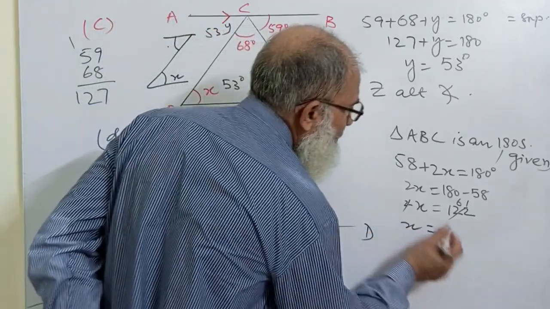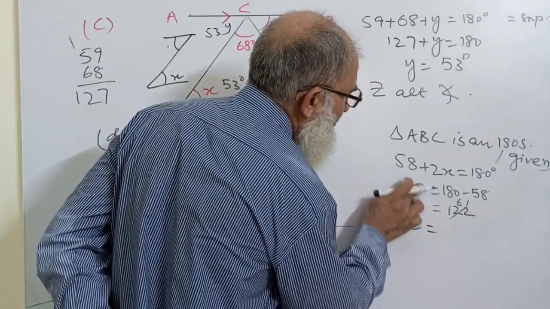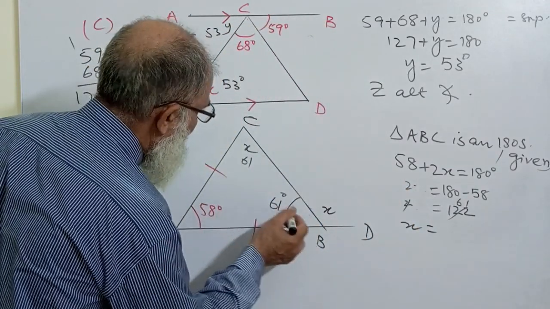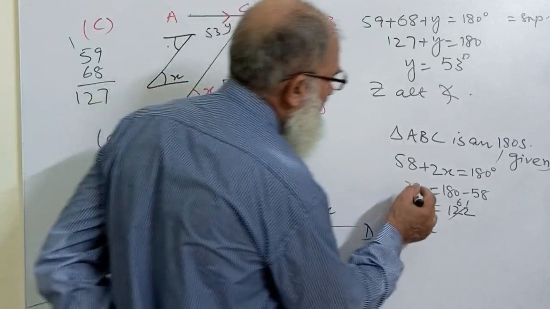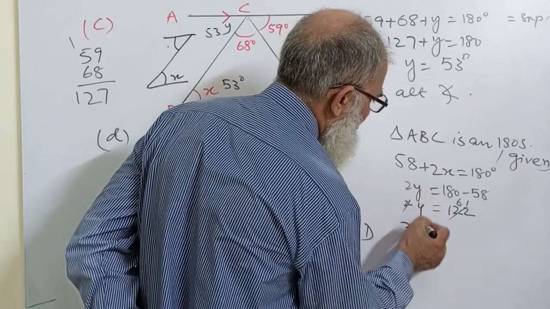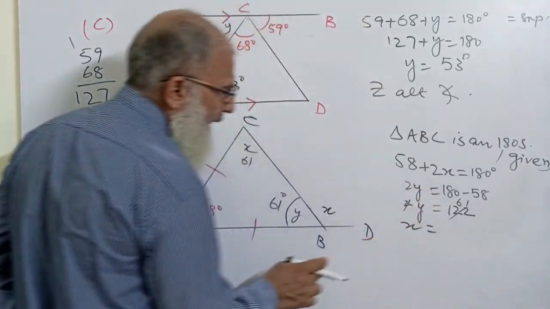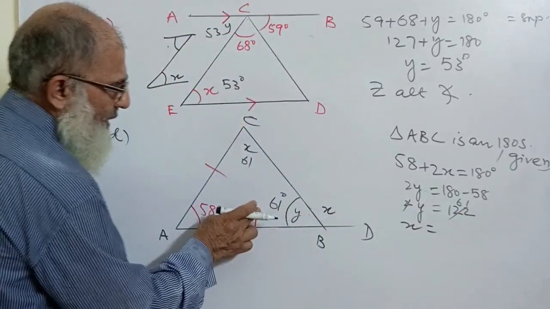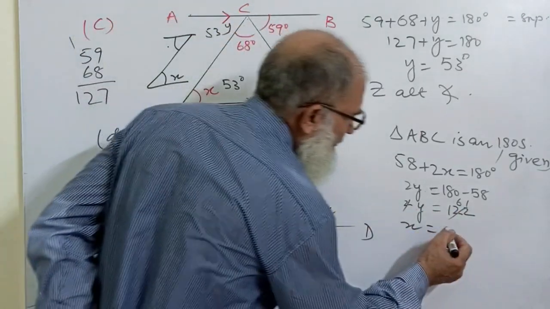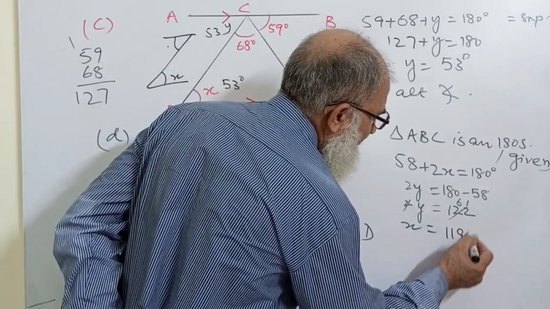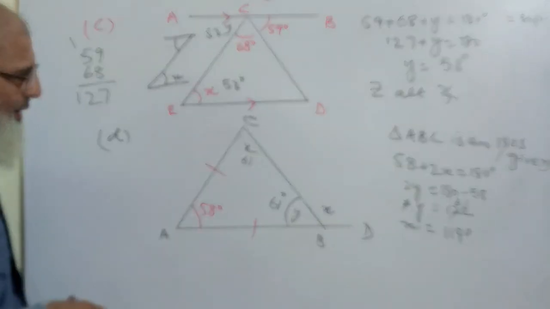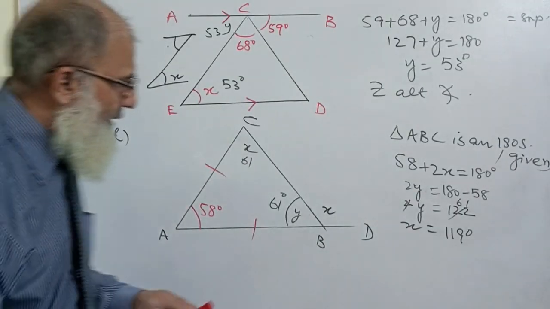So x is equal to, now this is not x, okay. You can say this is y. So I call it y. So x is equal to, now y is equal to 61 degree, okay. Now x is equal to 119 degree. This was a small mistake which I had made, which is corrected now.